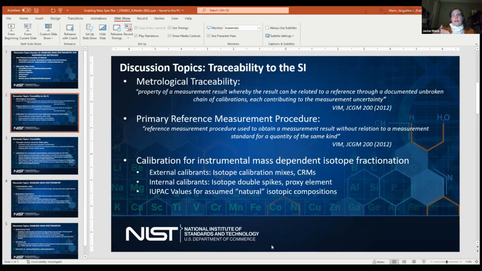So when you just don't have anything available for mass bias correction is when people are using the 3000 series, which are not certified for isotopics. So what they typically do is use the IUPAC values for what the natural composition of whatever that material is. They do also measure it, but you still don't know. You don't have a quote unquote certified value because nobody's actually measured it in a rigorous way. So they still use the IUPAC values. I don't know if that's answering your question.